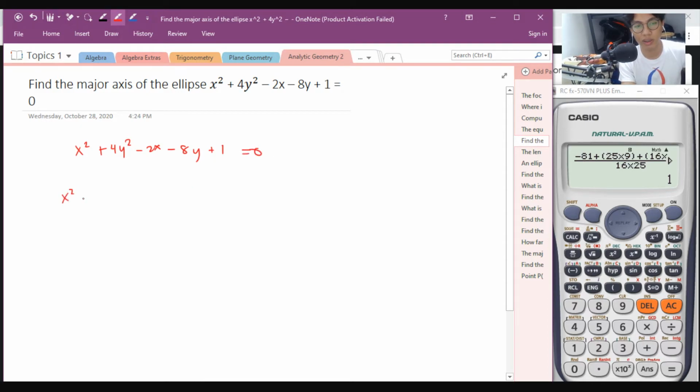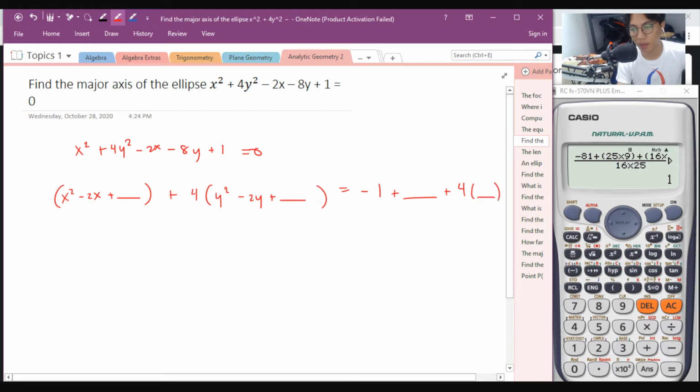X squared minus 2x plus blank plus factor out ko na yung 4. 4y squared minus 2y plus blank equal to negative 1 plus yung sa x plus 4 multiplied to blank.